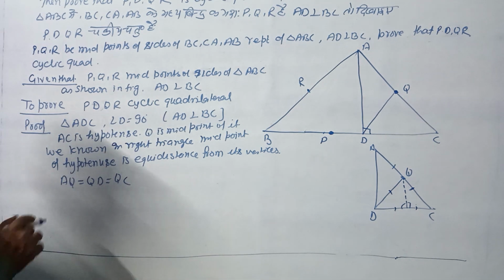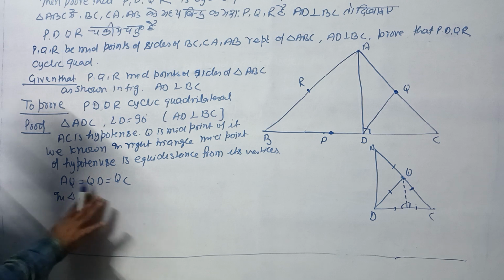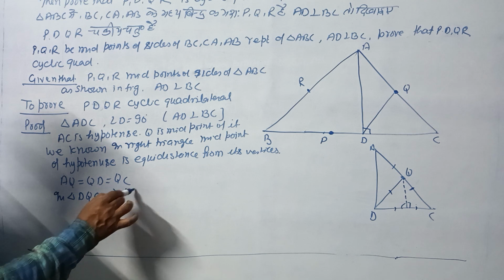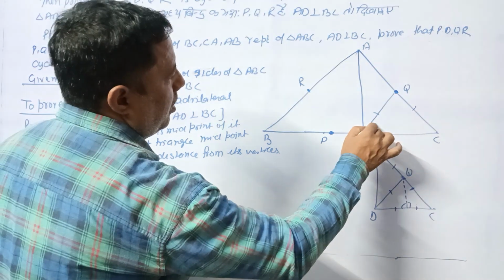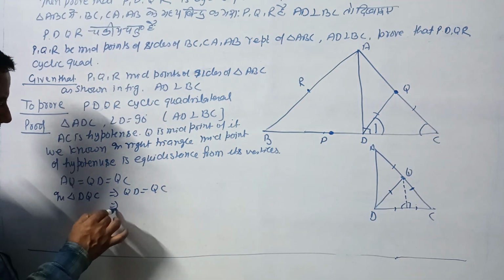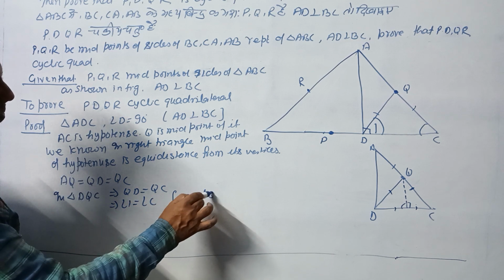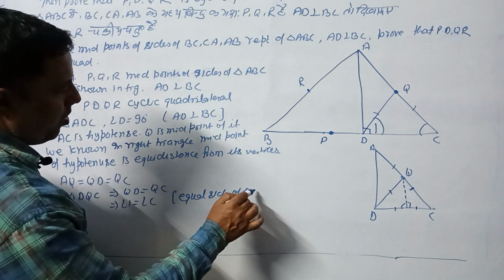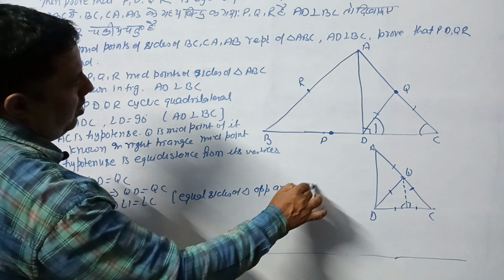So we can say in triangle DQC, DQ equal to QC. This is the angle 1, this is the angle C, then angle 1 equal to angle C, because equal sides of a triangle have opposite angles equal.